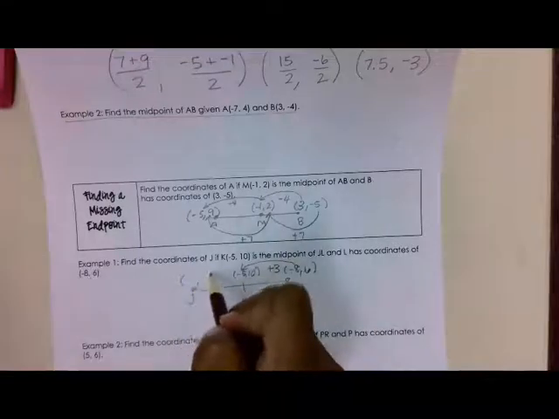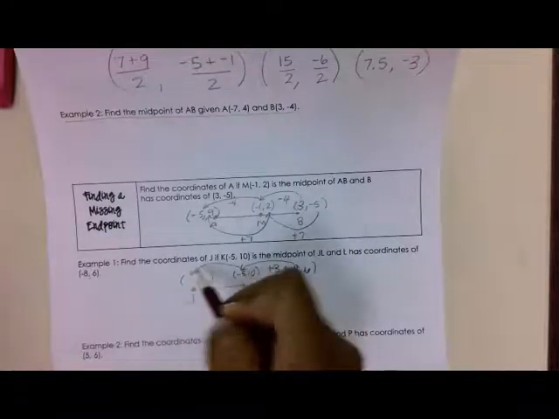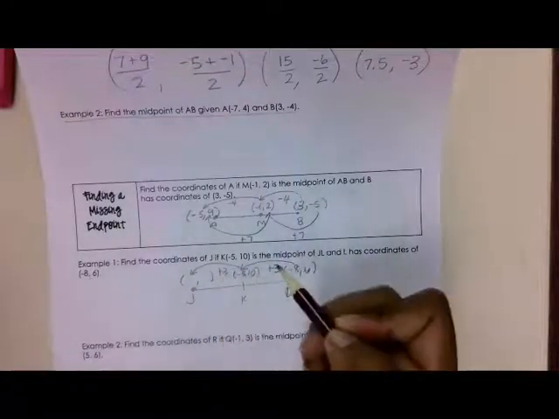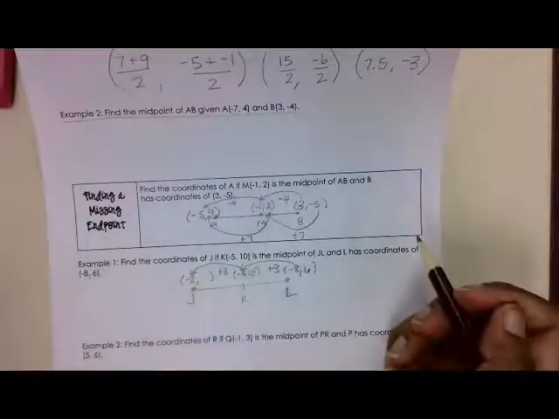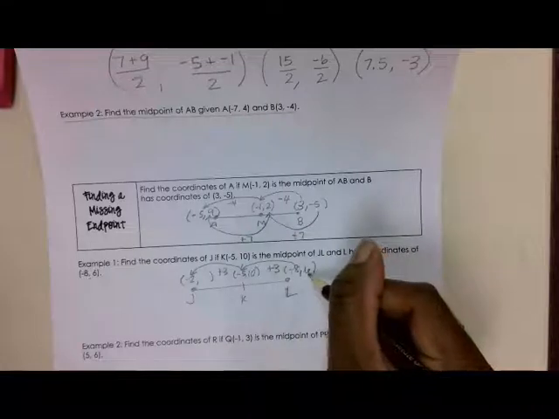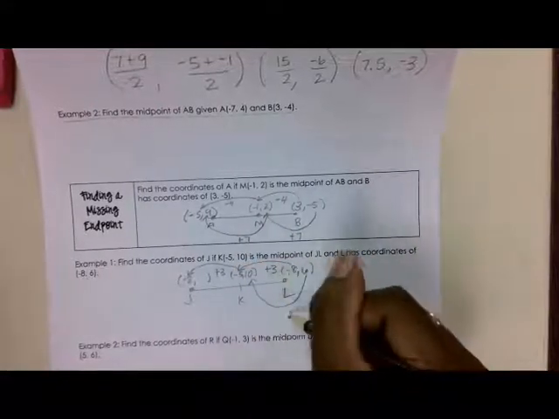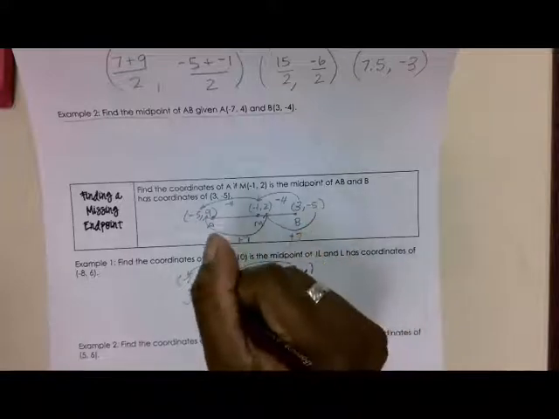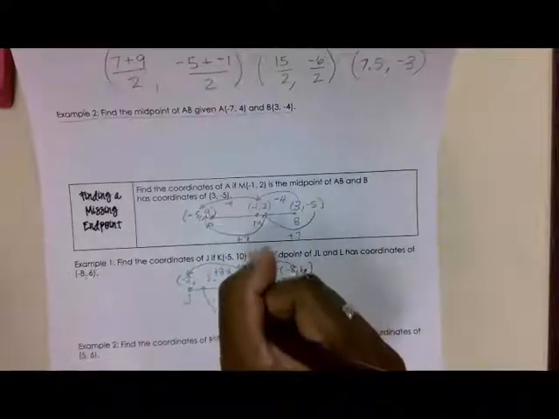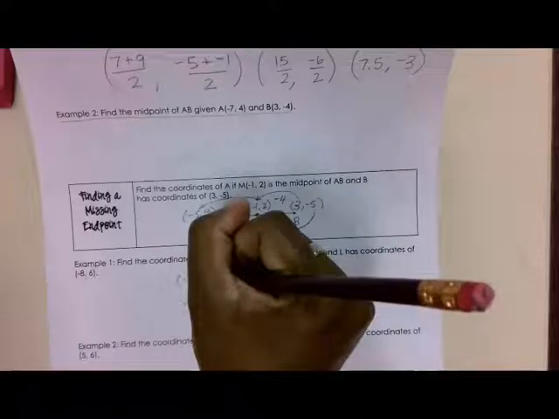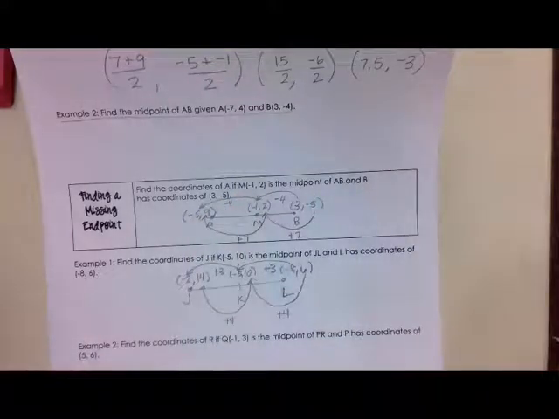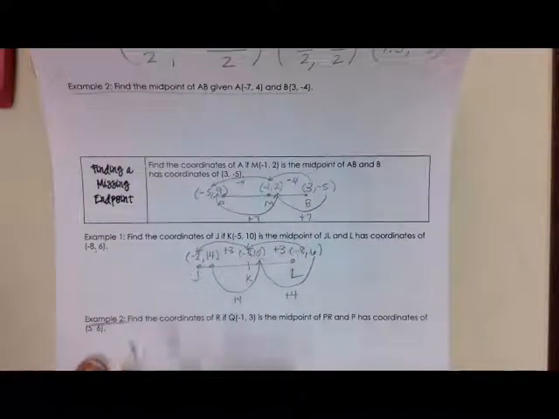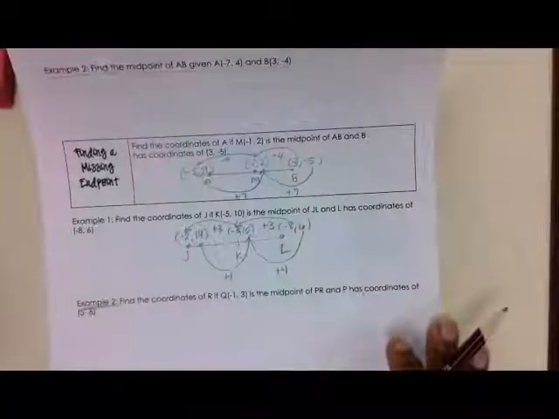So to get my x coordinate over here, I'm going to add 3. Okay, so negative 5 plus 3 is negative 2. Y coordinate, I'm going to go from 6 to 10. That's plus 4. So that means I need to add 4 again. Okay, and that gives me 14. Okay, I want you to do example 2, and then I want you to check it with the PDF.